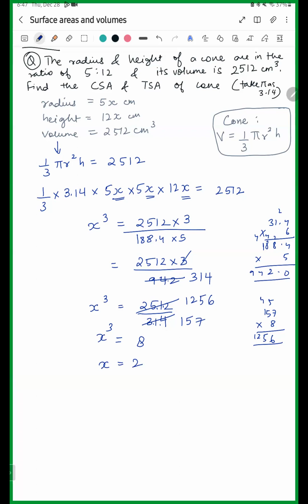From here you have found out x. So if you have found out x, that means you can find out the actual radius and the actual height, right?